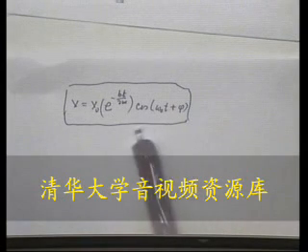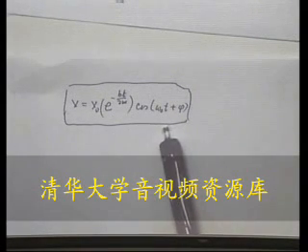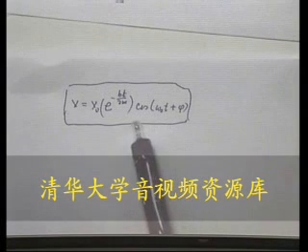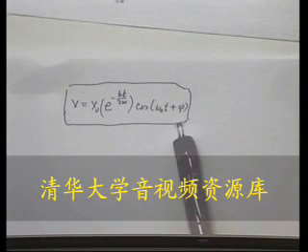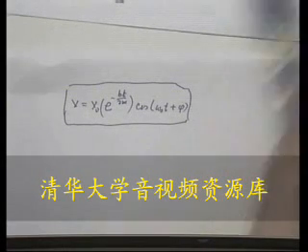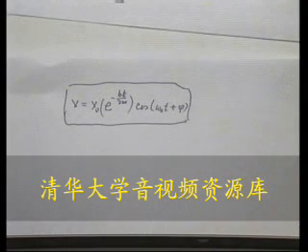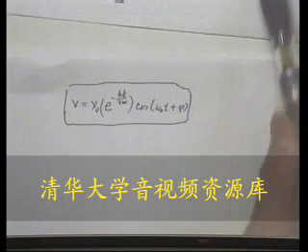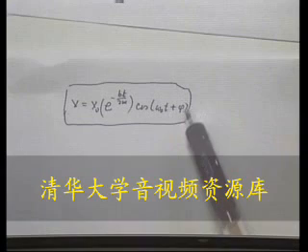This form, this cosine of two things, can be expanded into a cosine term plus a sine term, and each of them can be written as the linear combination of these two, and vice versa. Any real linear combination of those two has to be of this form.